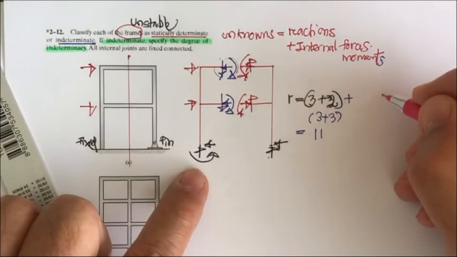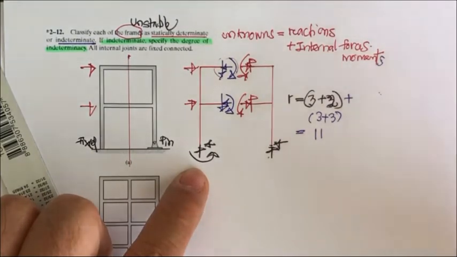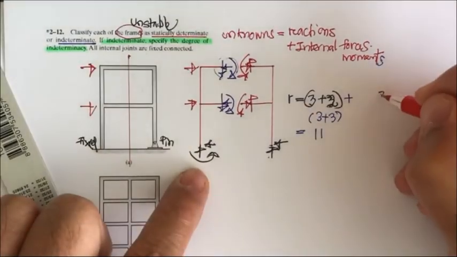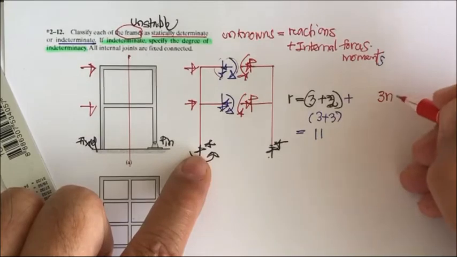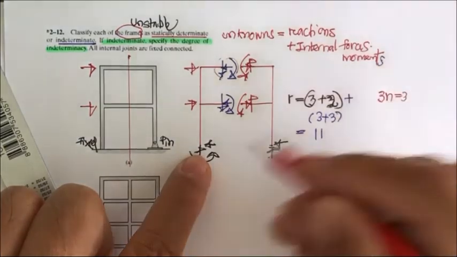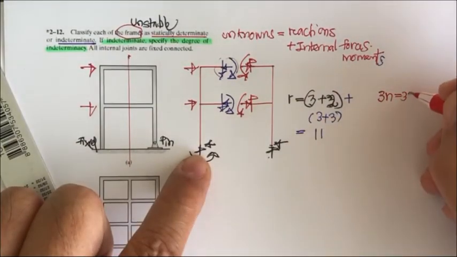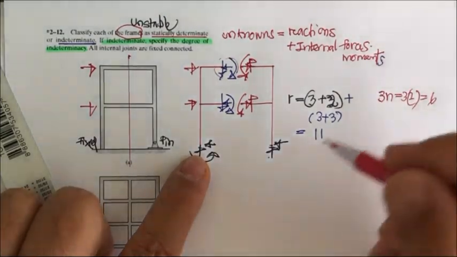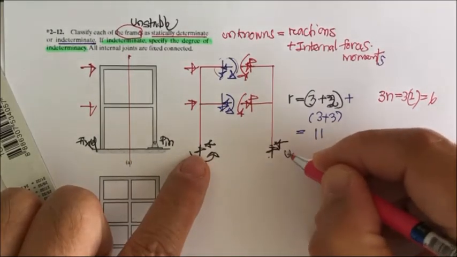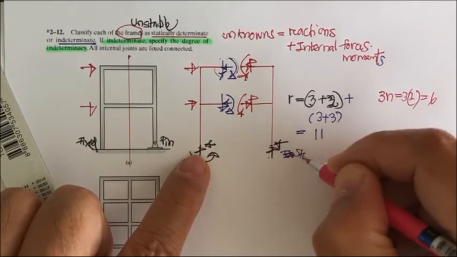How about the equations of equilibrium? You have 3 for each free body diagram. Since you have two portions of the frame, it's 3 times 2, which is 6. Your structure is going to be stable.